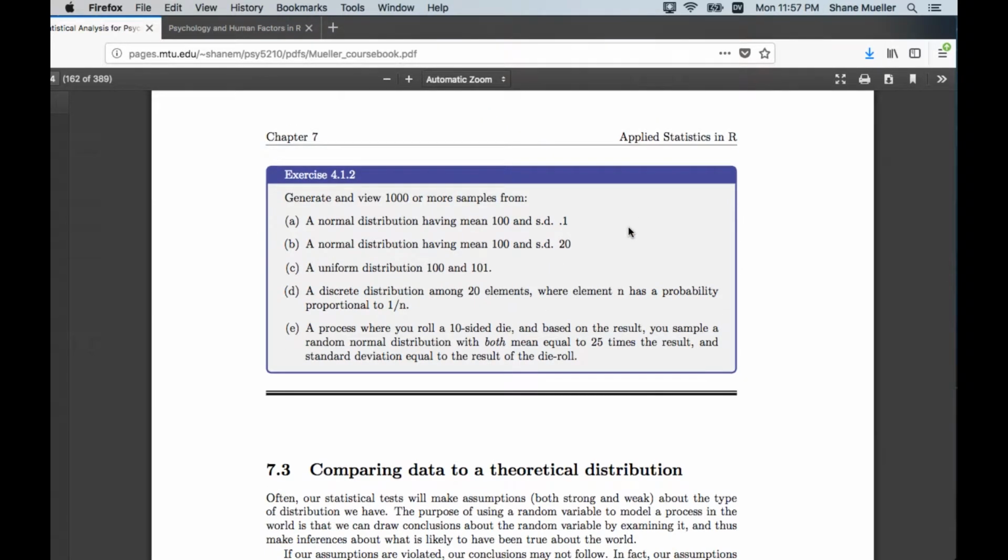All right, so now that we've talked about different distributions and different random variables, we can think of how to generate and view samples from them.